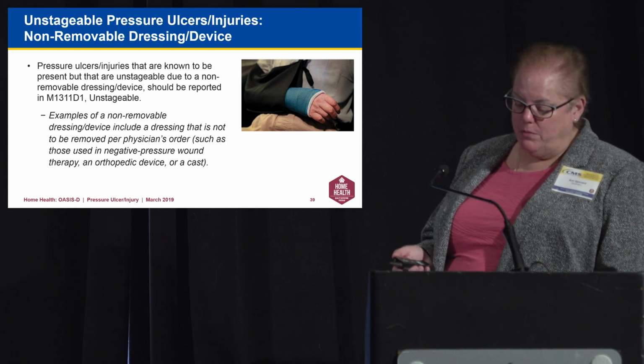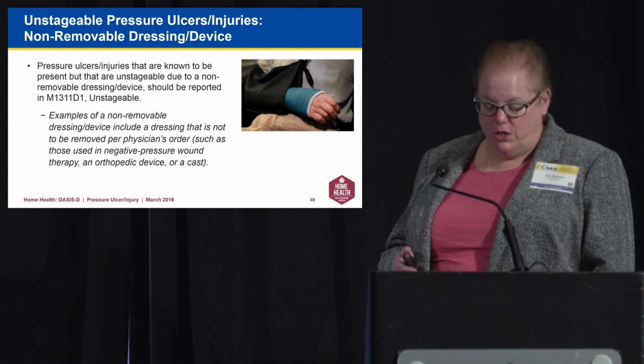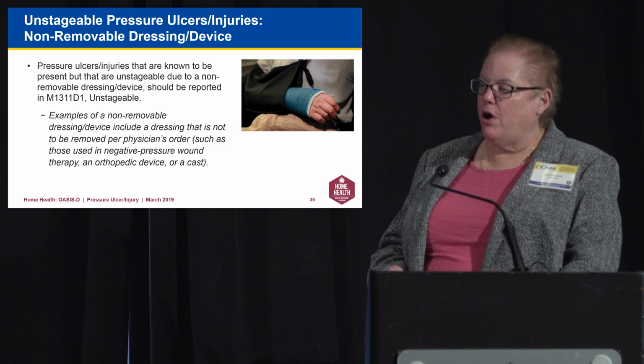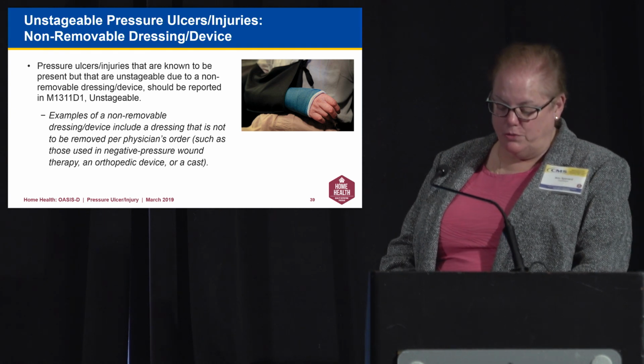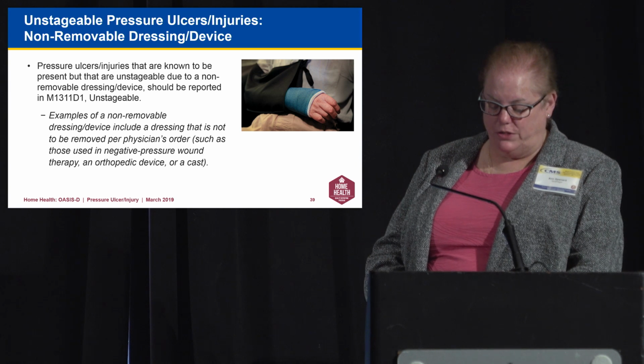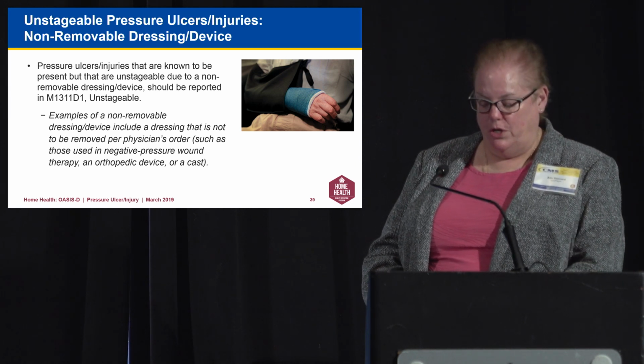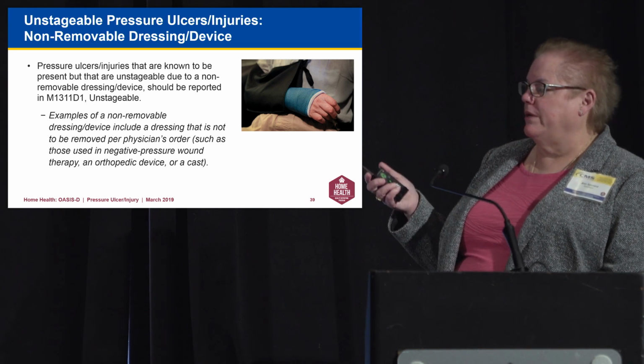So let's talk about the non-removable dressings and devices. Pressure ulcers or injuries that are known to be present but are unstageable due to non-removable dressings or devices should be reported on M1311 D1, unstageable. So there's a couple of key points here.